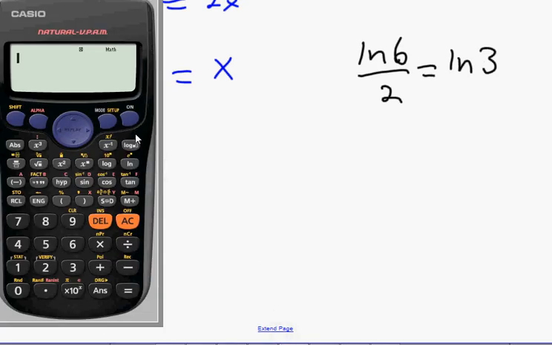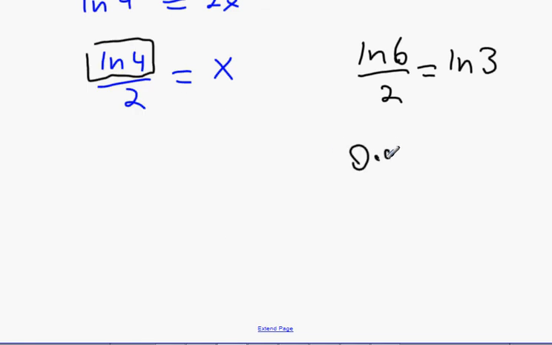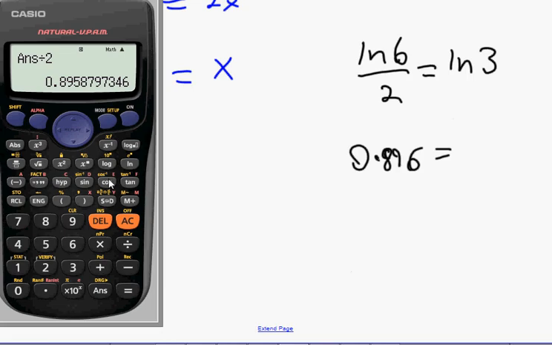So what you do is you check two different numbers. ln 6 is 1.79, divided by 2 is 0.896. Now let's check out what ln 3 is. And if ln 3 matches up, then you can do what you're talking about. Does ln 3 match up? It doesn't. So we're not allowed to do that.